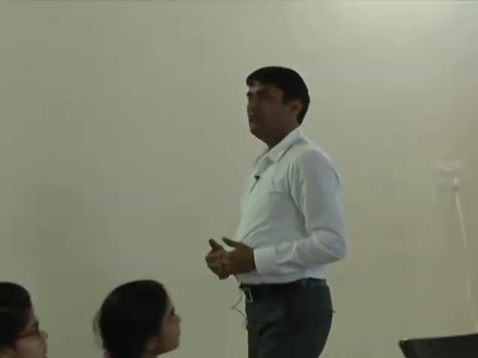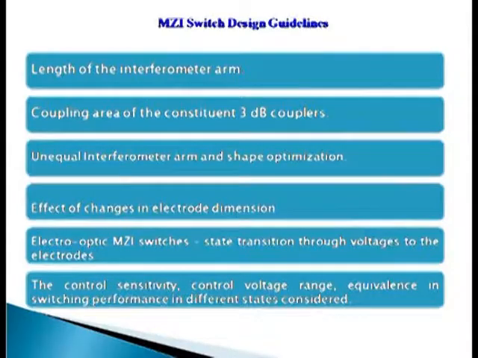Then the effect of changes in electrode dimension. Since we are going to work with the electro-optic switch, we would require electrode combinations also, so can we have changes in the electrode dimensions? Similarly, the control sensitivity. What are the parameters it is more sensitive to? Then the control voltage range. Equivalence in switching performance in different states also needs to be considered.